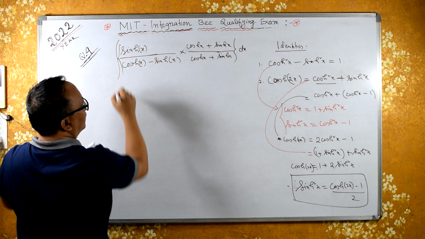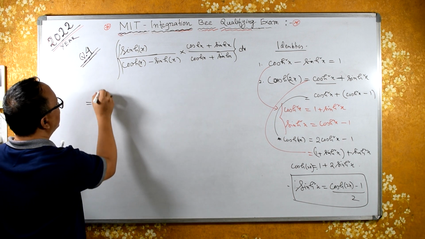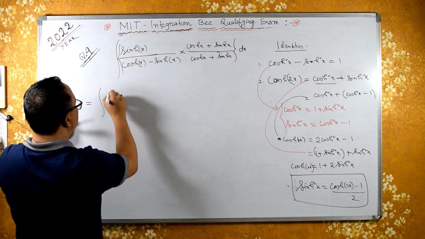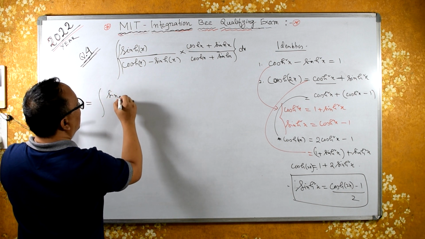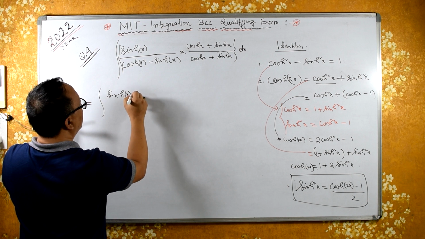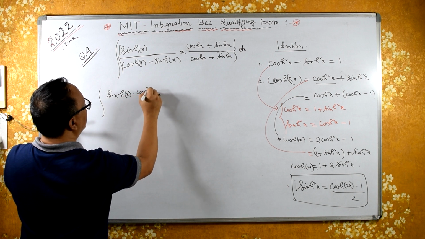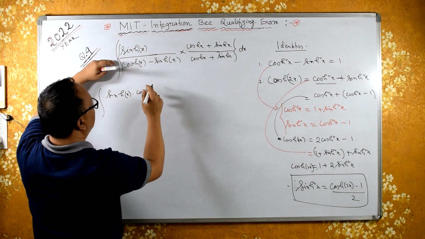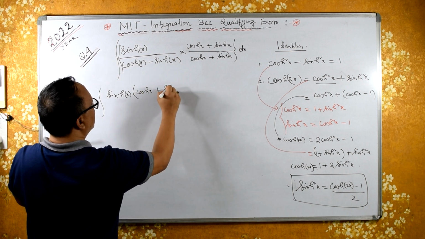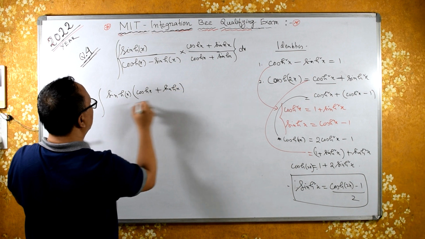Now at the top we have sinh x into cosh x. Let's write it down for one step, plus sinh x.